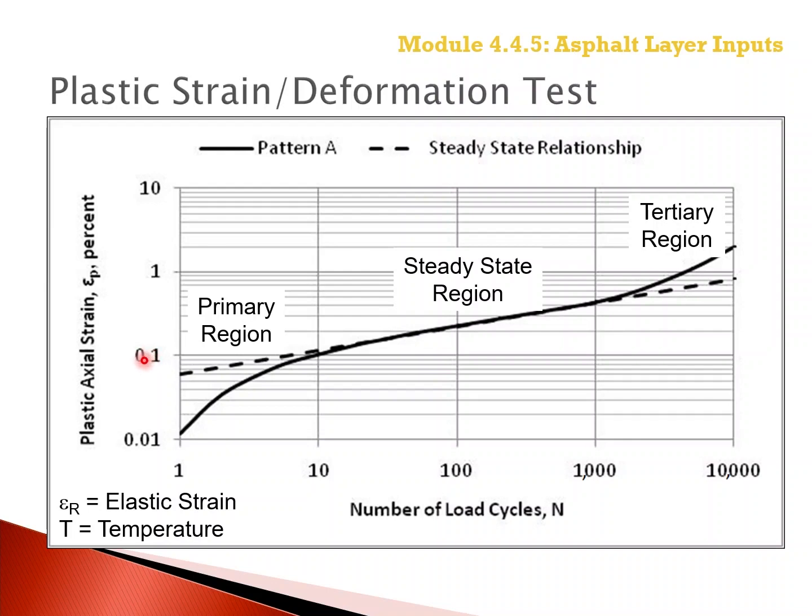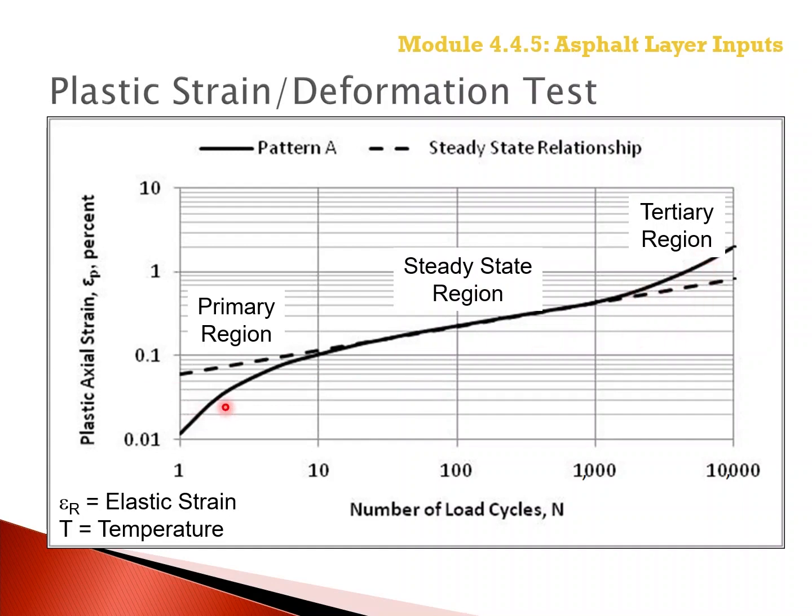The cumulative strain versus number of load applications or cycles relationship is grouped into three categories or regions: the primary region, the secondary region or steady state region, and the tertiary region.